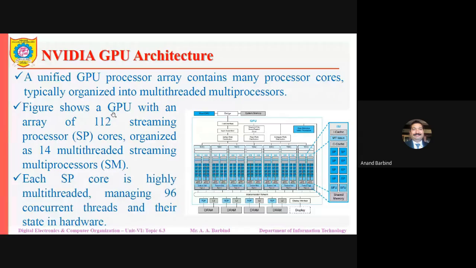This figure shows a GPU with an array of 112 streaming processors.